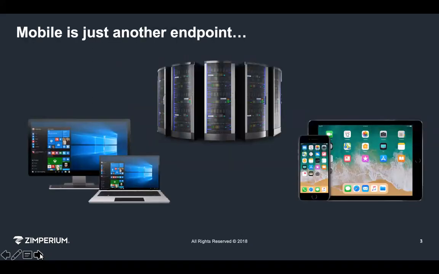I think it's really important to get our head around this concept: an endpoint is an endpoint is an endpoint. It doesn't matter at all if you've got PCI data sitting on a laptop or on a smartphone. It makes no difference if you've got patient data sitting on a desktop or on a tablet. An endpoint is an endpoint, and you need to protect them.